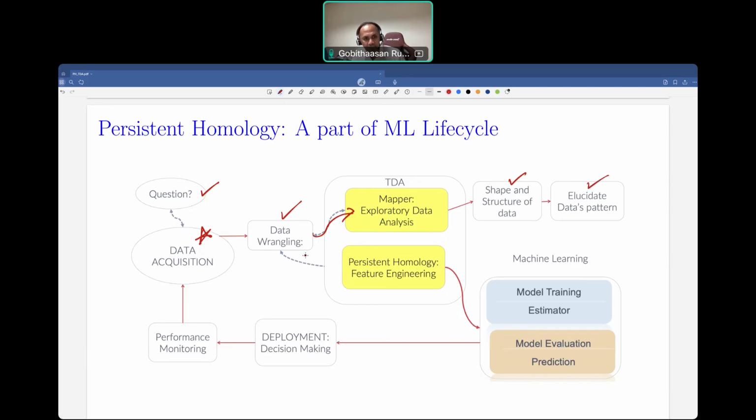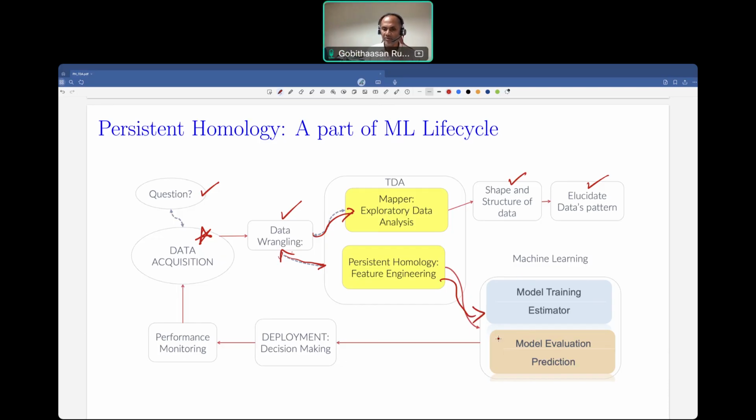So today, once you have cleaned your data, there are two ways actually. Once you have cleaned your data, you're going to push it into persistent homology. You're going to feature engineer. You're going to extract the shape information, and this would be your feature vector representing your data, and then you will do the train and test split and push it into a machine learning method.